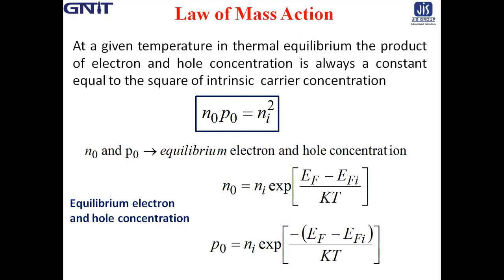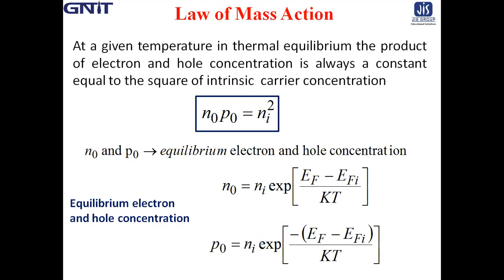Now, the Fermi level changes from the intrinsic Fermi level when donors and acceptors are present. For N-type semiconductor, obviously N0 is greater than Ni and P0 is less than Ni.